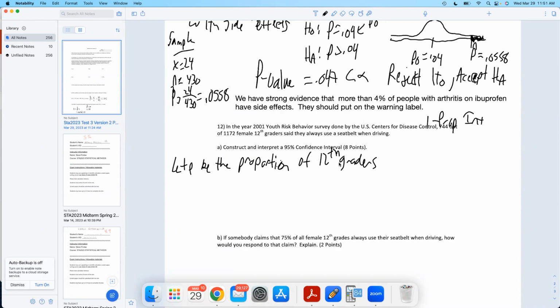Female 12th graders, I should put in there. Let's be specific. That always use their seatbelt. I guess technically it's really female 12th graders that say they always use their seatbelt. I mean, they could be lying, right? But like, we'll go with it. That always use the seatbelt.